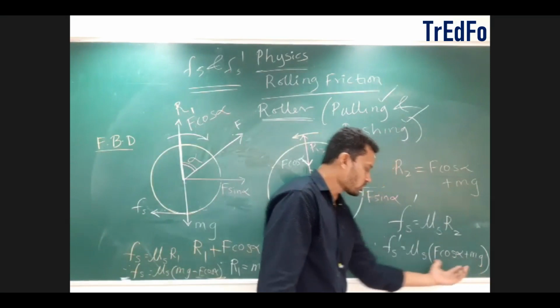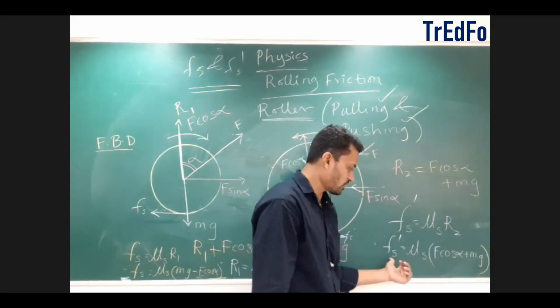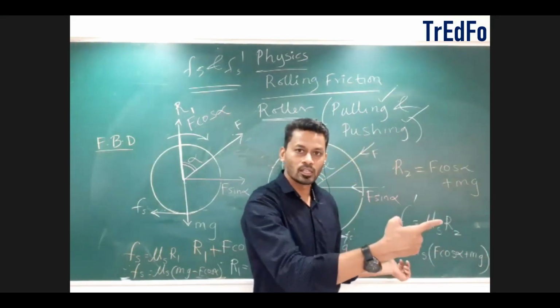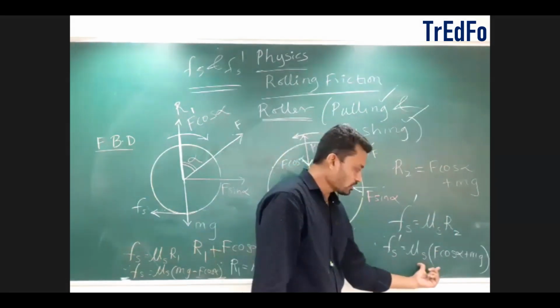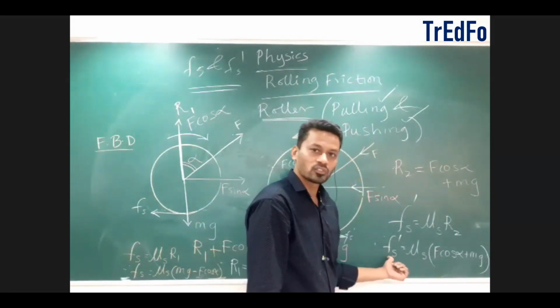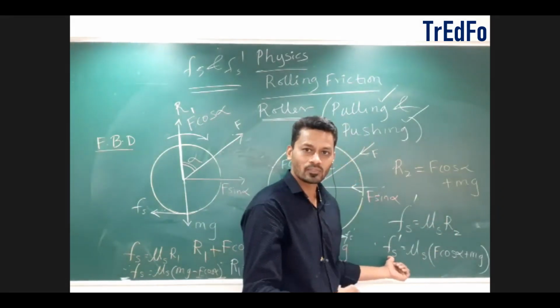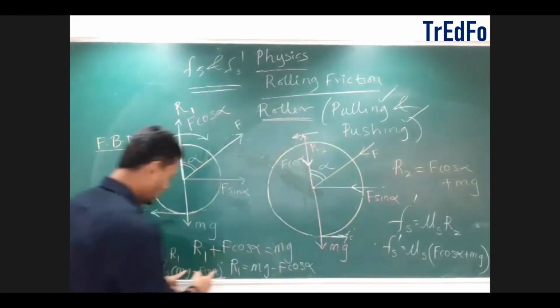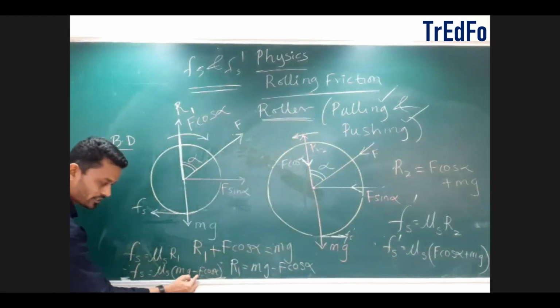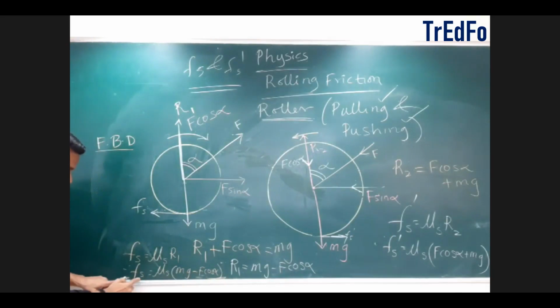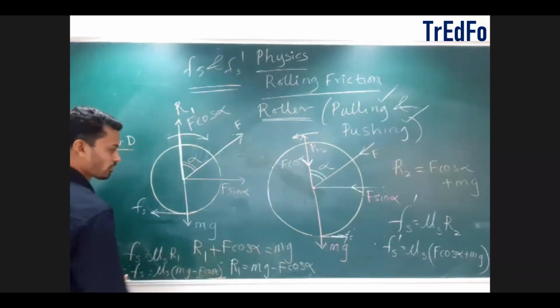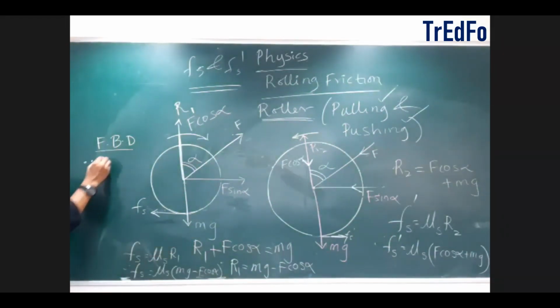So therefore the whole value for Fs dash will be more. So when pushing, the static force of friction increases. That's why in pulling, in which the component is getting reduced, my Fs will be less than Fs dash. So my conclusion: since Fs is less than Fs dash, pulling is easier than pushing.